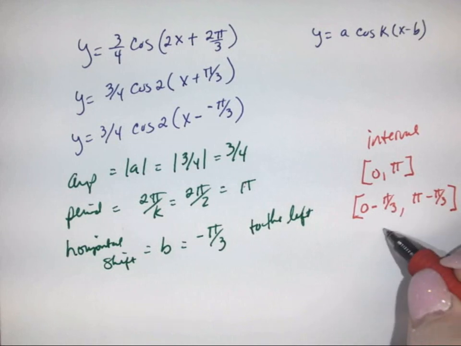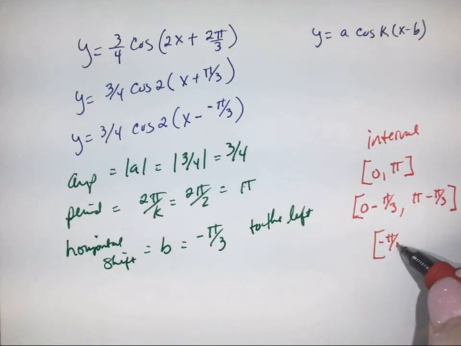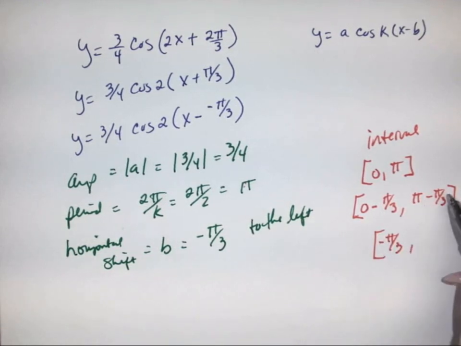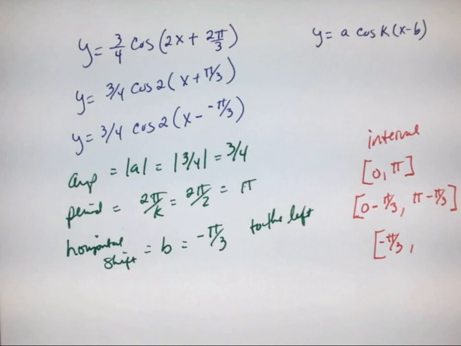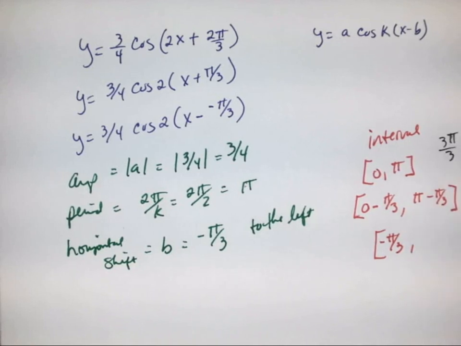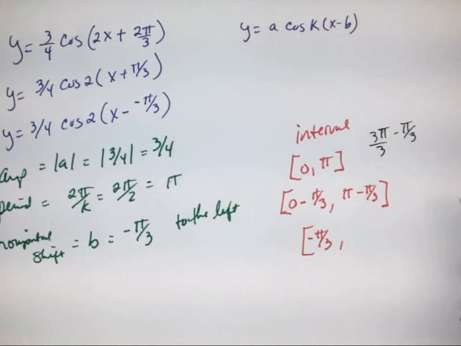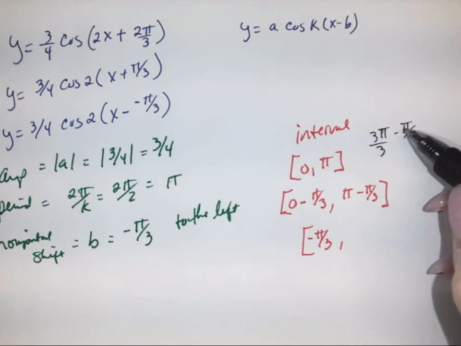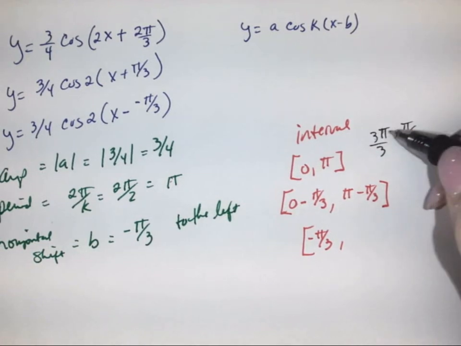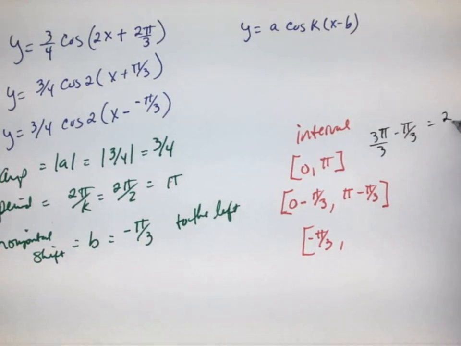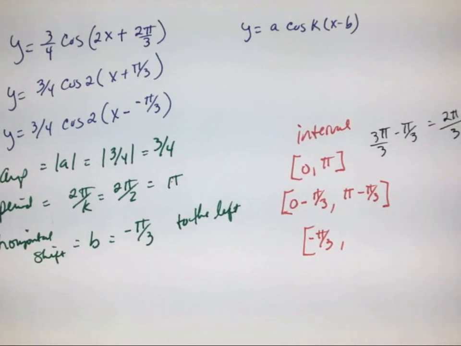So 0 minus pi over 3, well, that's going to be negative pi over 3. And pi minus pi over 3, we can take our pi minus pi over 3, change this to a common denominator. So 3 pi minus pi, or minus 1, would get us 2 pi over 3.